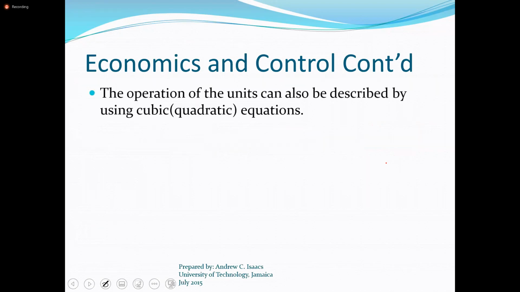All right. Now, whilst I've given you that piecewise continuous curve, and then we look at the incremental fuel cost versus output, the operation of our thermal units we can describe using either cubic or quadratic equations.